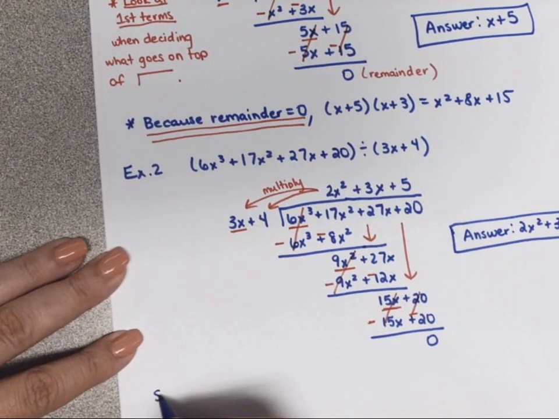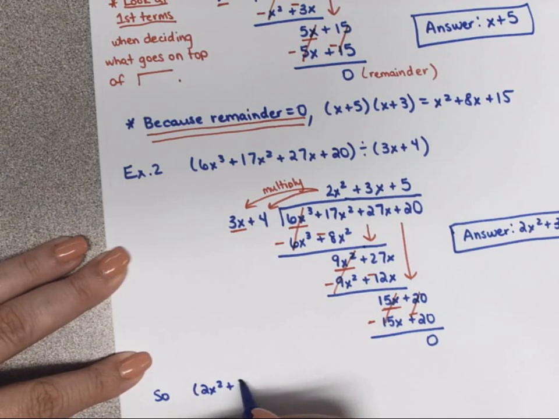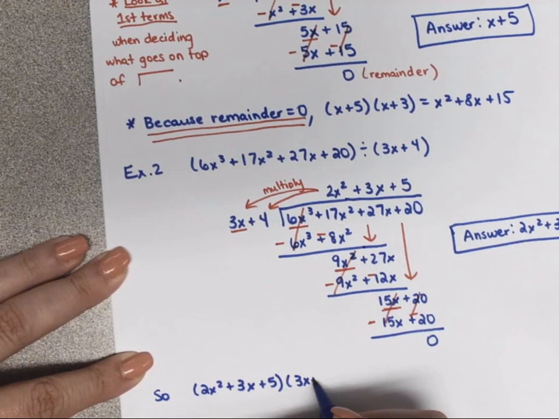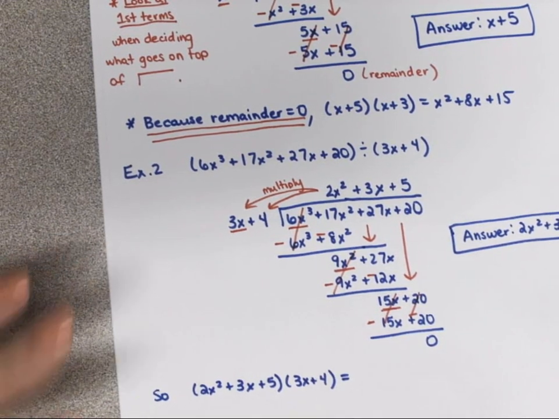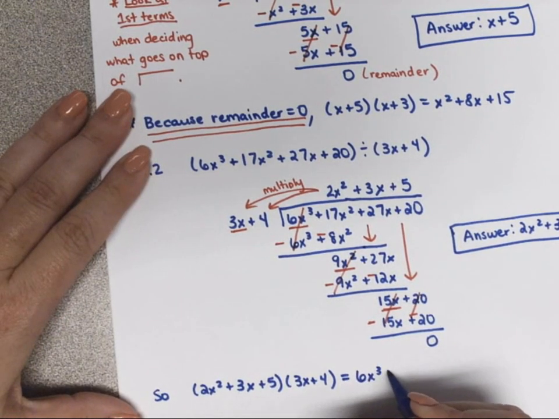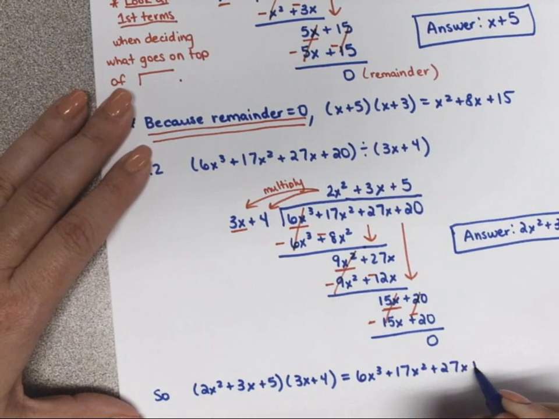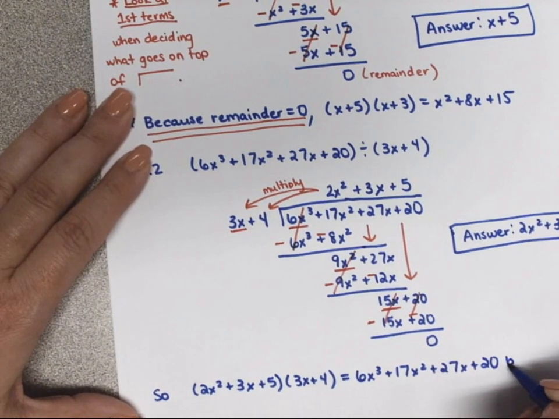Okay, and then again, we know now that 2x squared plus 3x plus 5 times the 3x plus 4 I was dividing by is definitely equal to what? 6x cubed plus 17x squared plus 27x plus 20, okay? But it's only because what?